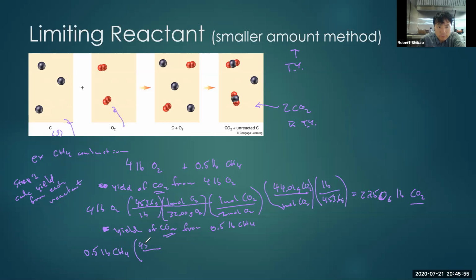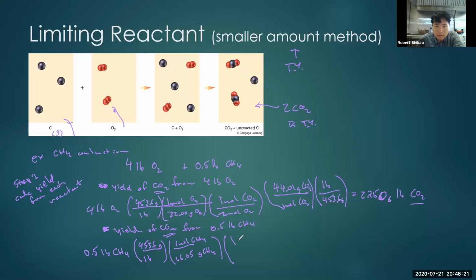grams, 453.6 grams per pound. And then to moles, 1 mole of methane weighs 16.05 grams. And then we want to go to CO2. We're interested in CO2.